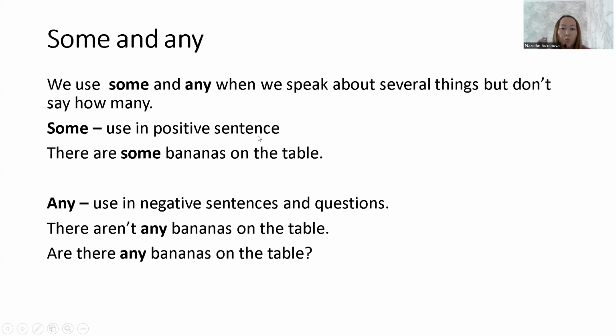Please remember, in positive sentences, we use some. For example, there are some bananas on the table. Bananas are countable nouns and they are on the table, but we don't know how many bananas we have on the table, right? In this case, we use some, not any, because it is a positive sentence.